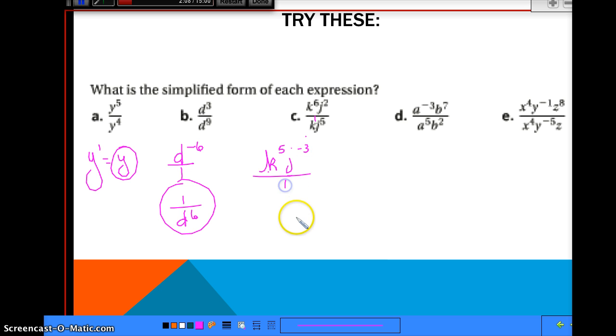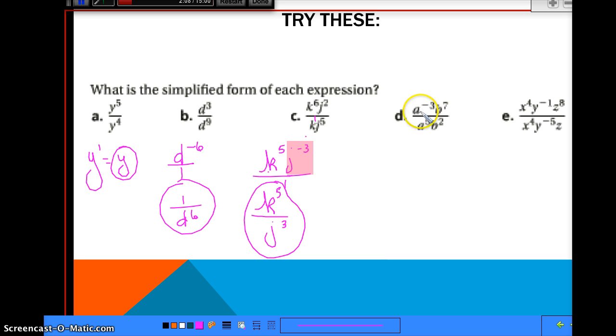I'm going to put my 1 under that because I cannot leave my j to the negative 3 with a negative exponent. So I'm going to reciprocate, or reciprocal. My k to the 5th is going to stay because that's a positive, which is not the problem. It is the one with the negative exponent, which is this guy right here. As soon as you flip it, it's going to take the negative 3 and make it a positive 3.